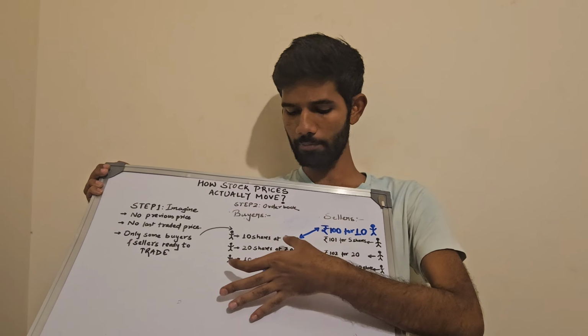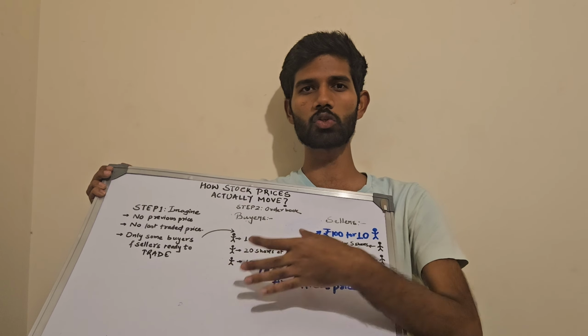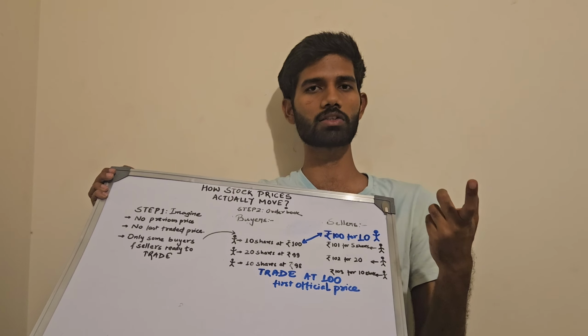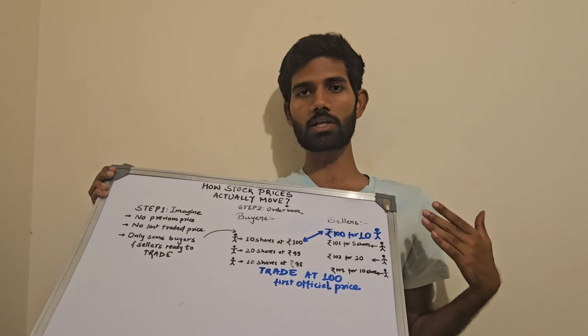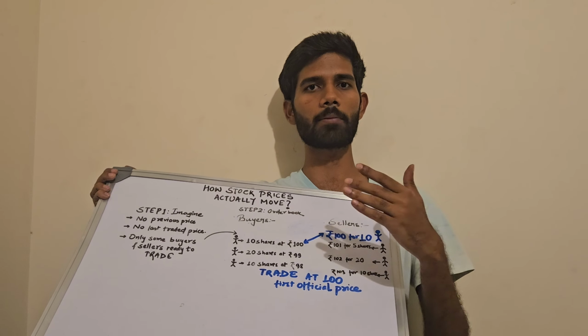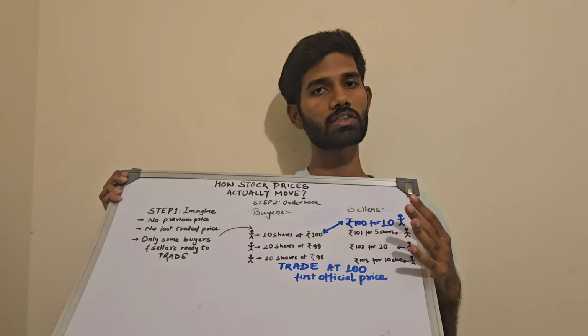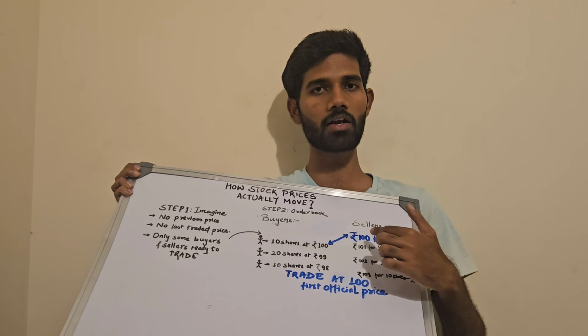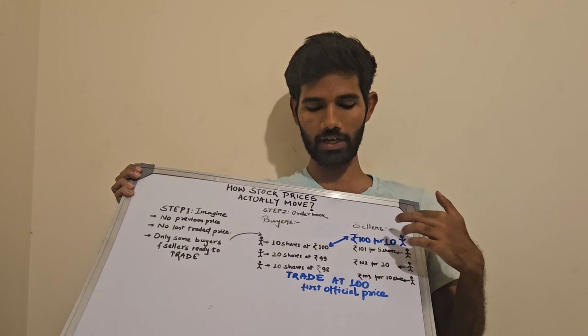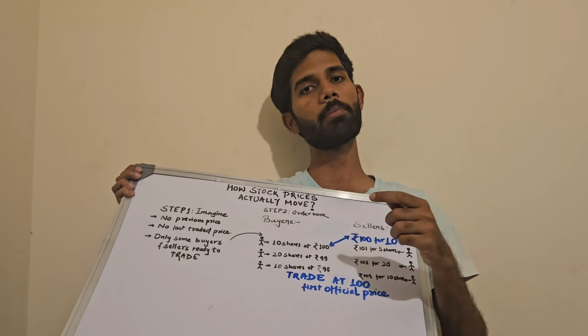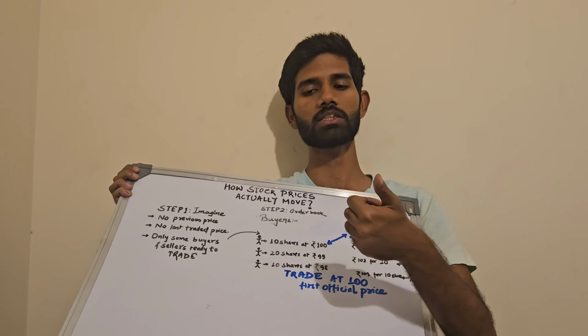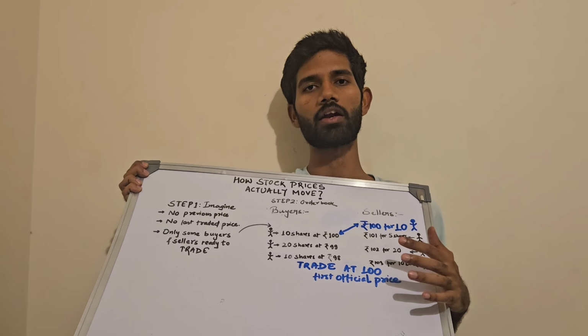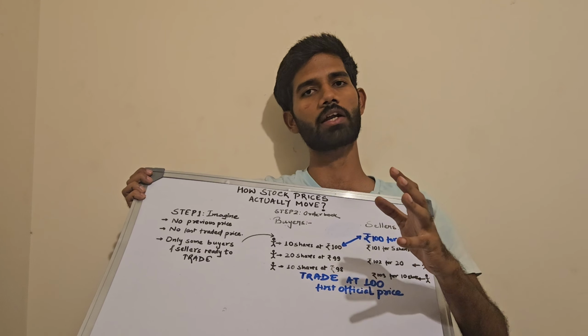We already have a buyer who is willing to buy at 100. So this is where it gets interesting. This is a match, right? Somebody is willing to buy and sell at the same price. That's where the first trade happens, at price 100. So these two will trade and the price will become 100. That's how the first price is decided.